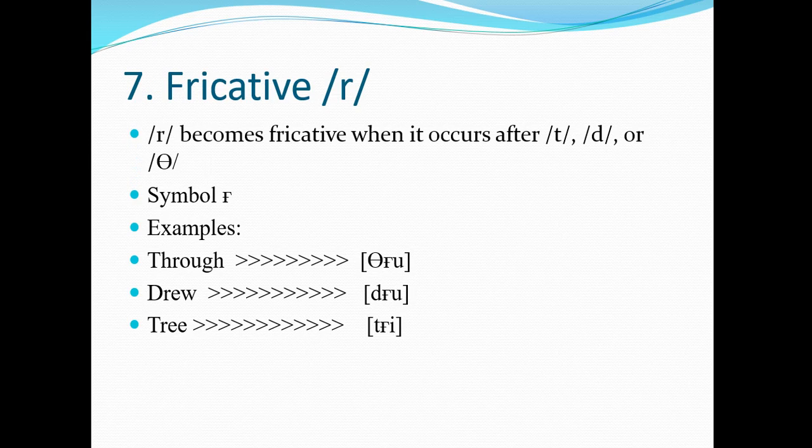Never, okay? Exercises. Proud. Okay? Do you need to apply the rule here? Why not? Because the sound p is not one of the sounds that need to be there, okay? The sounds are t, d, or f, not p, like in this word. So you don't need to apply the rule here.